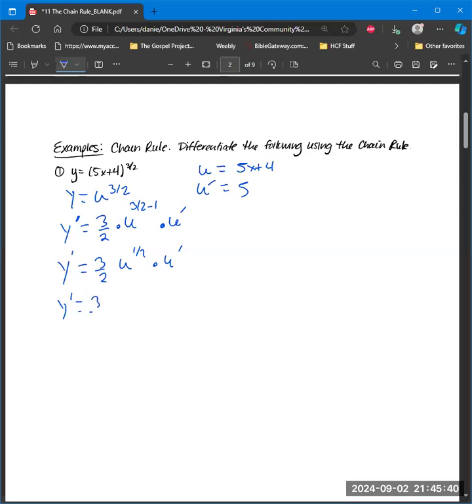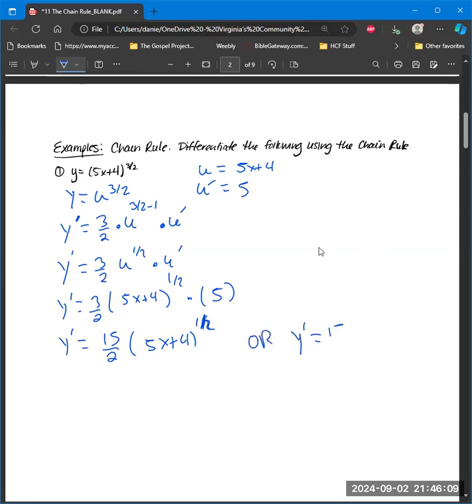Y prime equals 3 halves, u is 5x plus 4 to the 1 half, times u prime is 5. Y prime is 15 halves times 5x plus 4 to the 1 half power, and I'm going to leave that as a fractional exponent because I started off with a fractional exponent. You could also say y prime equals 15 halves times the square root of 5x plus 4 because 1 half power is the same thing as a square root.